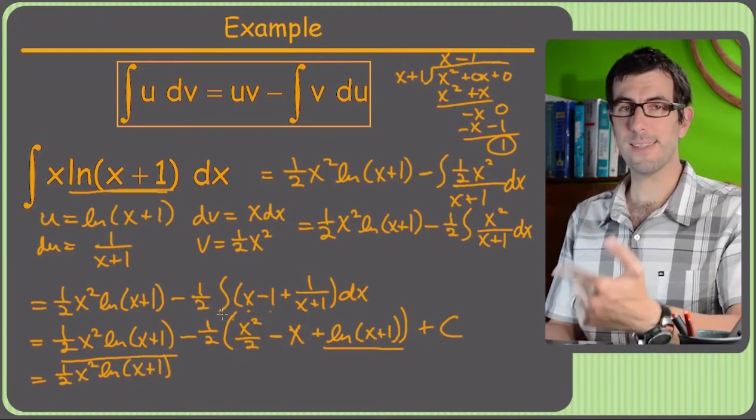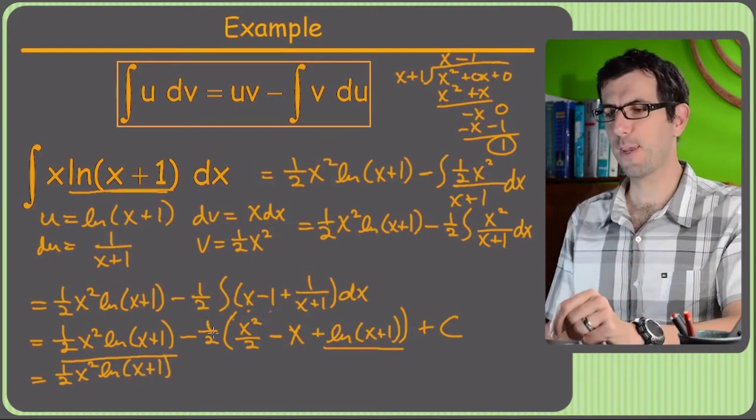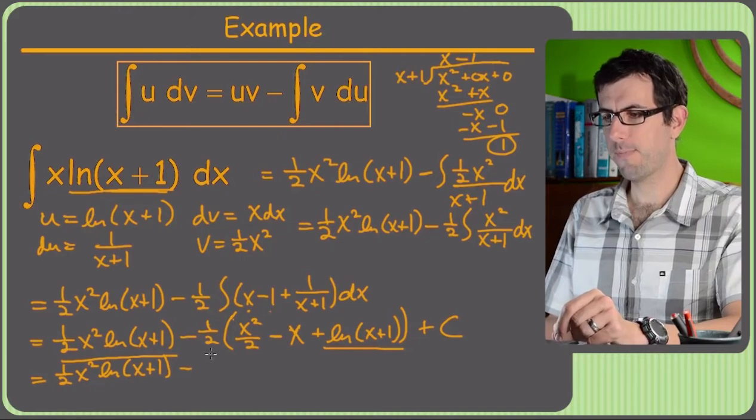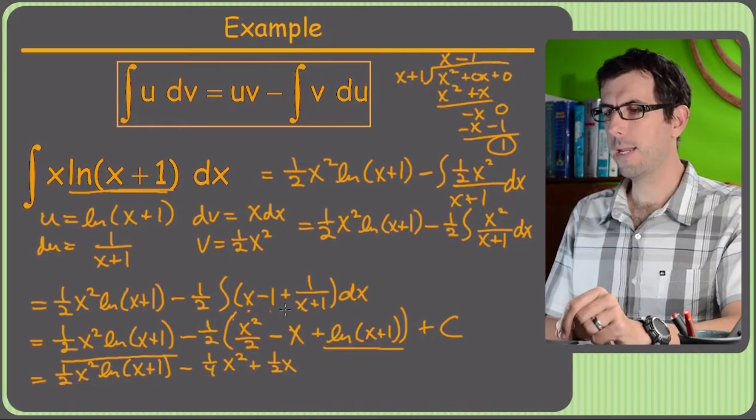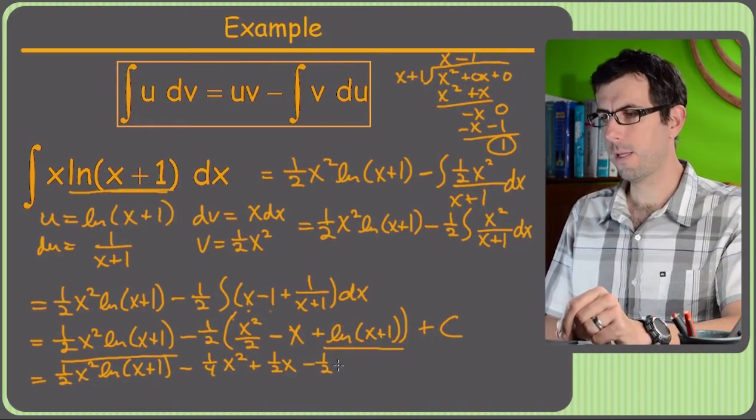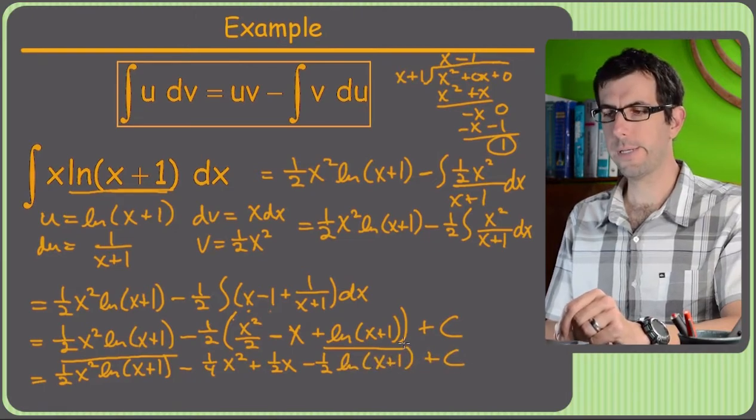If you're bored by this, this is the last problem in this video, so you can just skip to the next video, but it's kind of some painful algebra here. Minus 1/4 x squared. Negative 1/2 times negative x is positive 1/2 x. And then minus 1/2 ln of x plus 1 plus c.